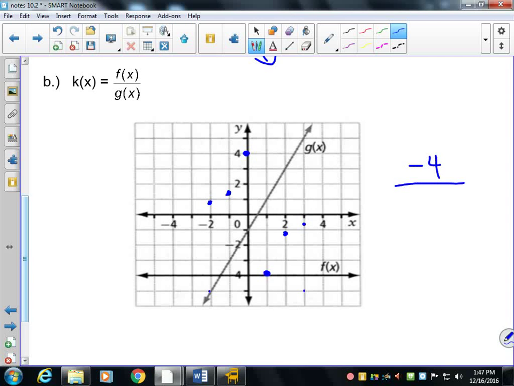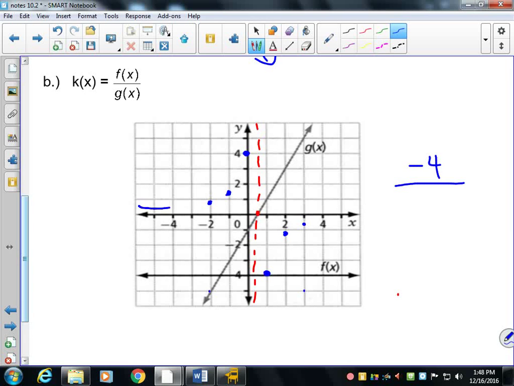denominator, when it's 0, you get an asymptote. Okay? So where's my denominator 0? Right here, right? That's where my denominator is 0. So I draw this line. Okay? Can you see what your graph is kind of doing?